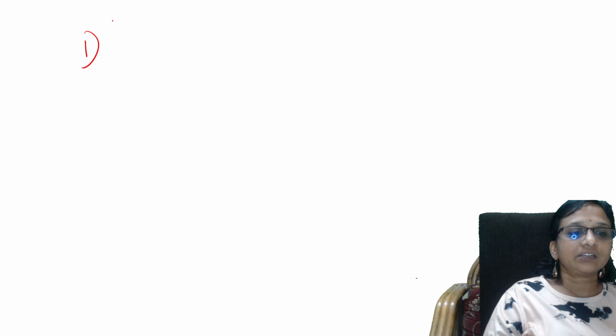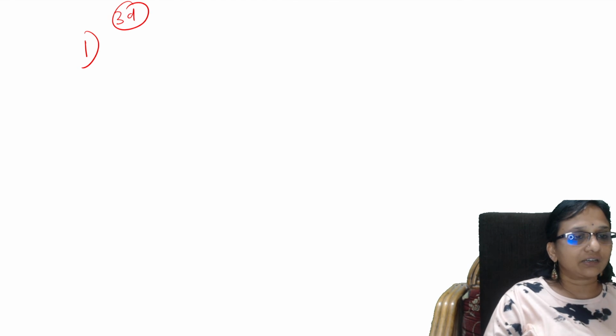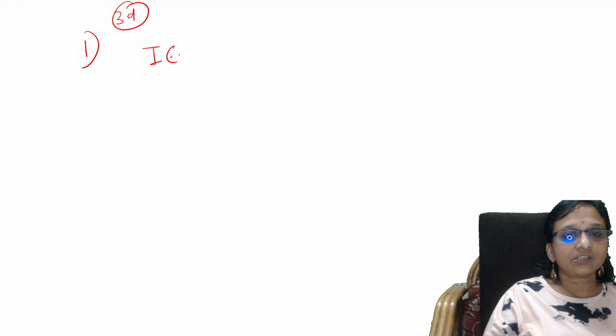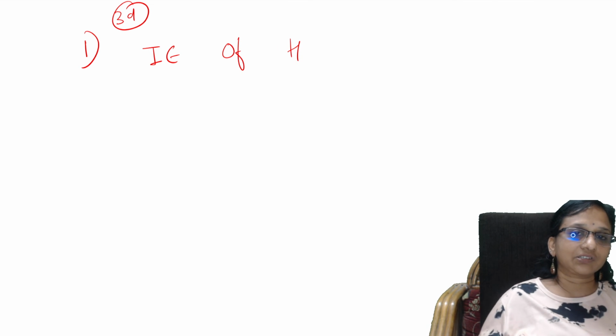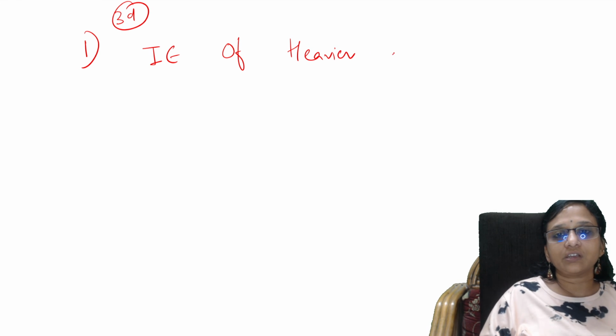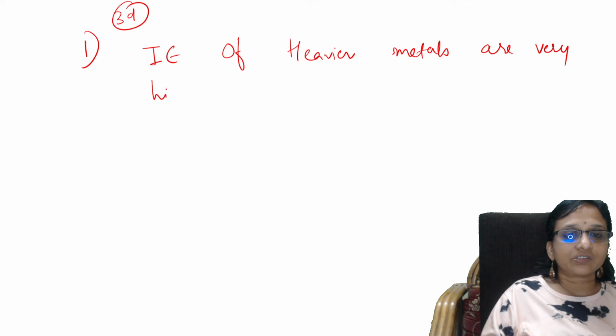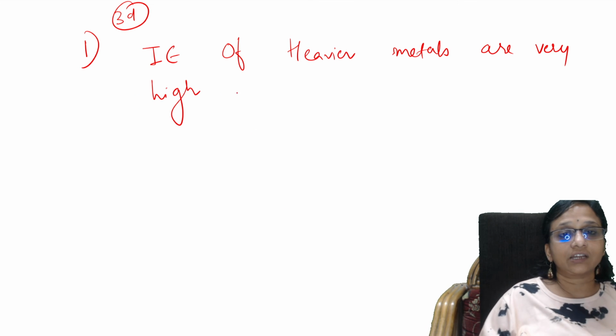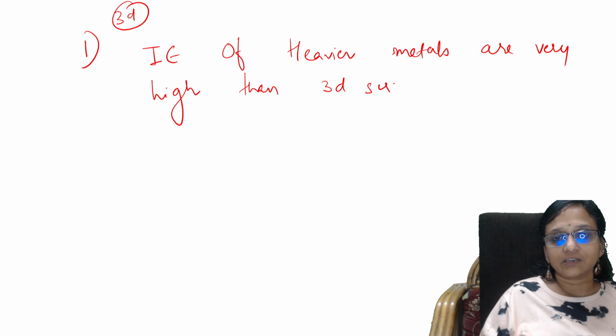Let me take the first. First of all, when I check the 3d series, remember the ionization enthalpies of heavier metals, the other metals after 3d, 4d and whatever heavier metals are there, are very high. Because of this, I can't take out more electrons than in the 3d series, right?